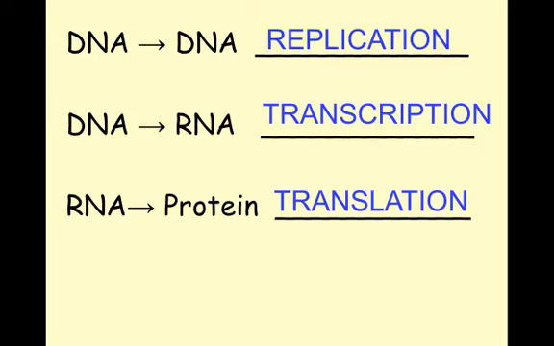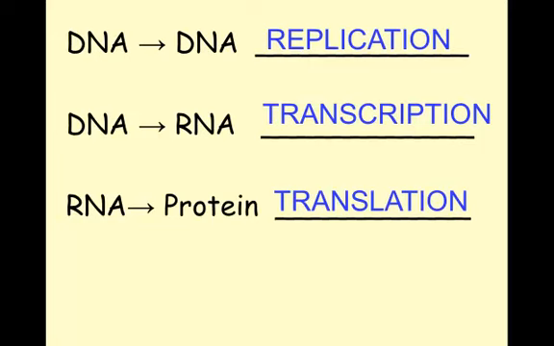We use that word translation when we talk about languages, right? Translating English into German or German into Spanish. And the reason we use translation to talk about making proteins is that we're actually switching our alphabet. Remember when we made DNA or RNA, we were using nucleotide language, building it out of nucleotide subunits.